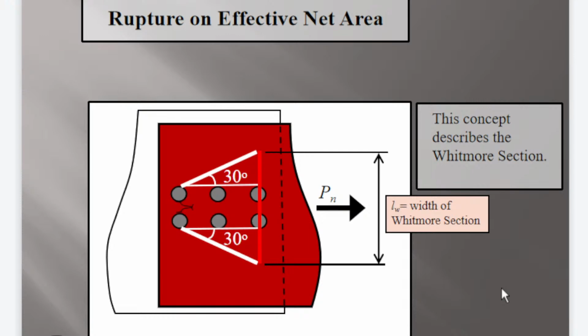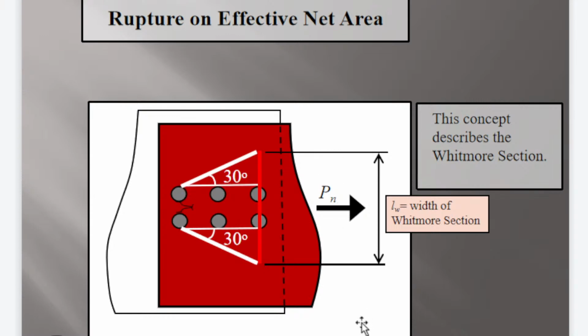So there are applications wherein net area is not equal to effective net area, and there are applications wherein net area is equal to effective net area. That is one clear view from this discussion. Take note, 30 degrees. We have the spread of the stress.